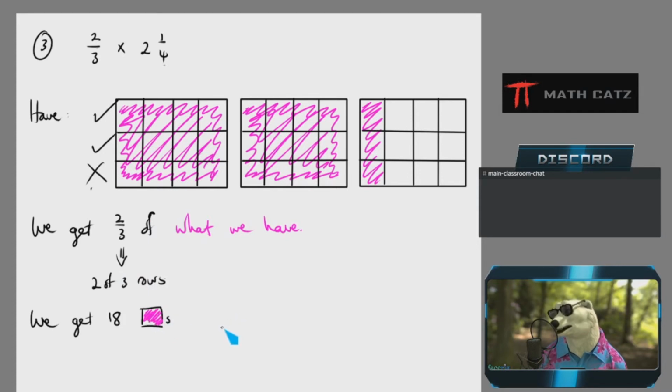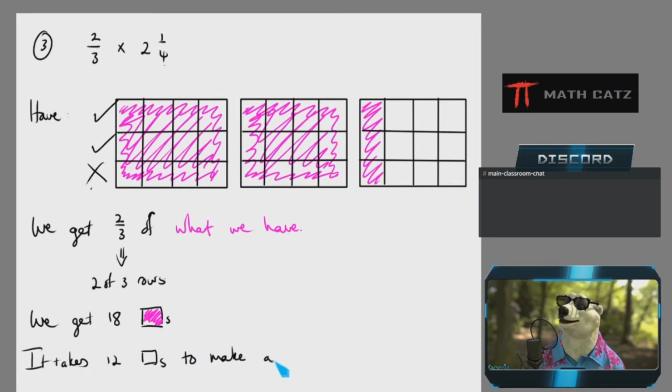That's quite a bit. It's not bad. I just now need to put that in reference to a whole rectangle. It takes my standard sentence. It's going to be 12 pieces only. I can count them off, whatever. It takes 12 pieces to make a whole rectangle.